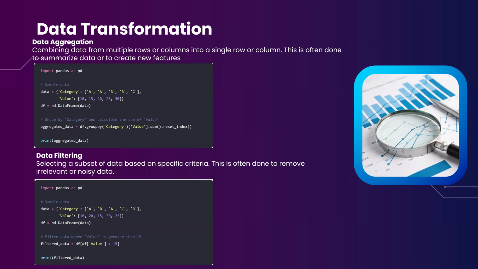Now, with this example that we are seeing here, we have a dataset or a dictionary defined, a category and then its values. And then we are saying group by category, group by is something in SQL, and then calculate the sum of the value.